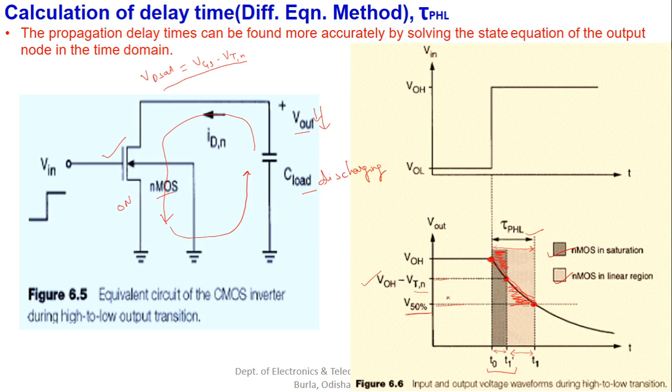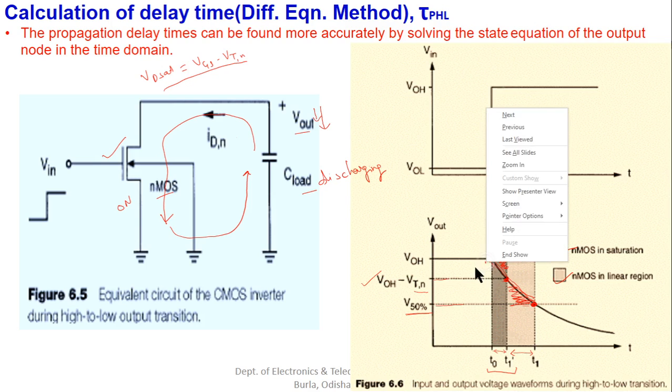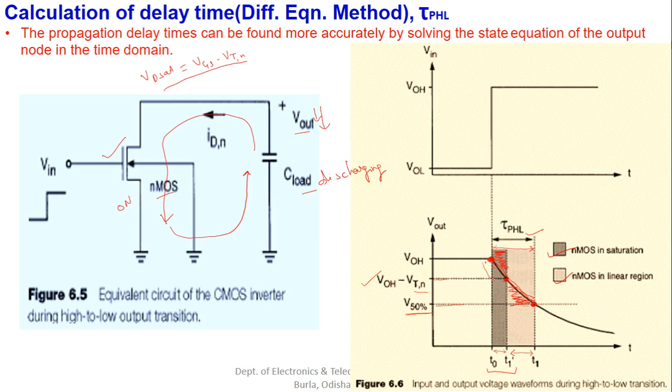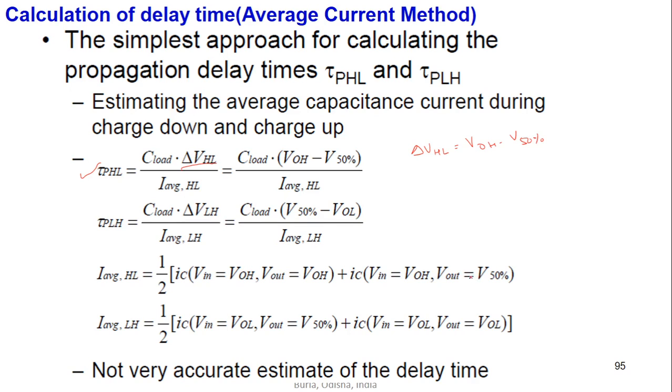So basically when it falls from the peak value to the 50% mark, for this whole time duration t0 to t1, this is the difference in the output voltage, and this is what is taken here, VOH minus 50%. So this is the equation for tau PHL, right?